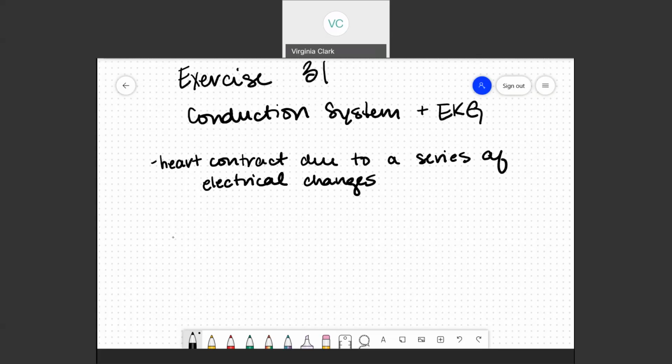If you think all the way back to AMP1, if you were in my class, we talked a lot about this, but it's going to be depolarization. So we're thinking back to electrical changes. We're talking about this lovely little graph that is time, and you're going to have millivolts of your resting membrane potential.